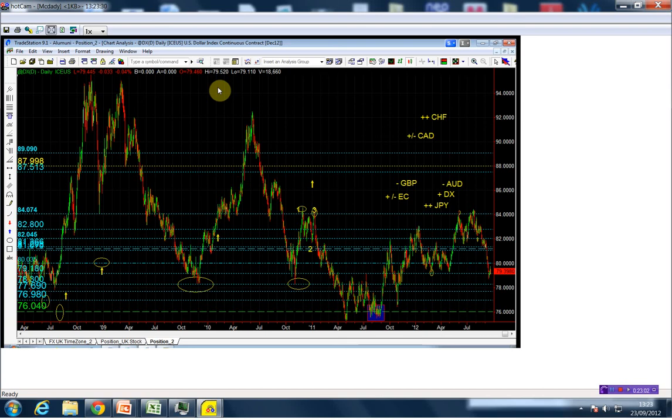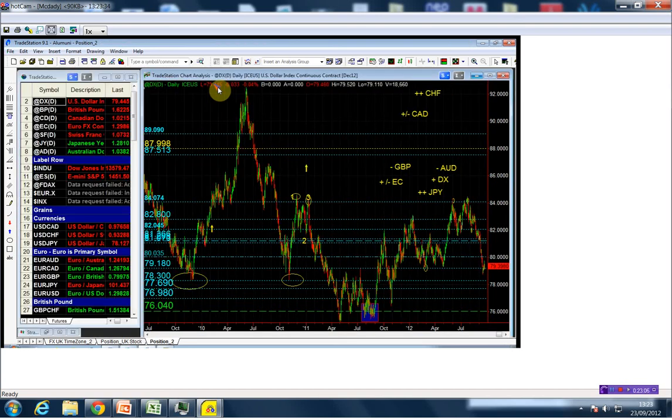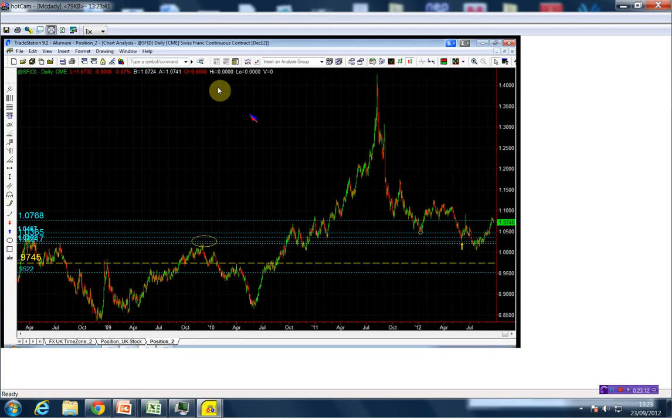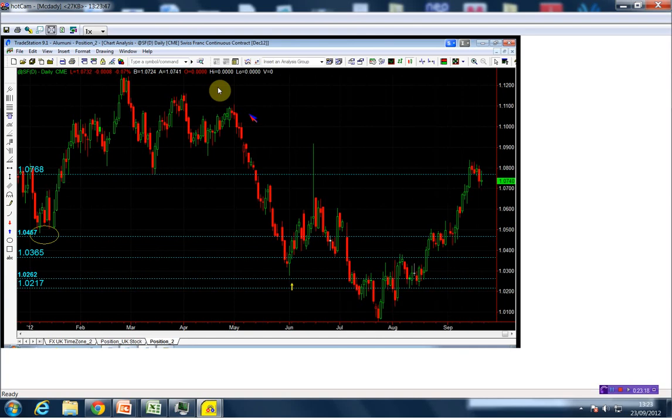Let's do the Swiss because it moves pretty close to the euro. It pretty much moves in step with the euro dollar, and this is what we see. And just to remind you of the euro dollar, that's what the euro dollar looks like.